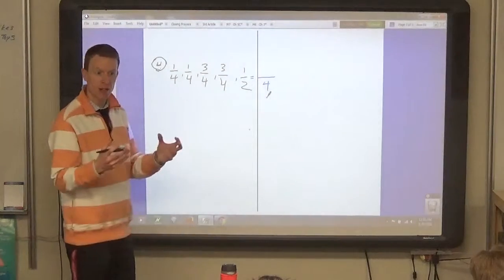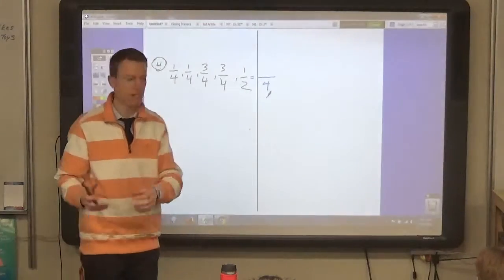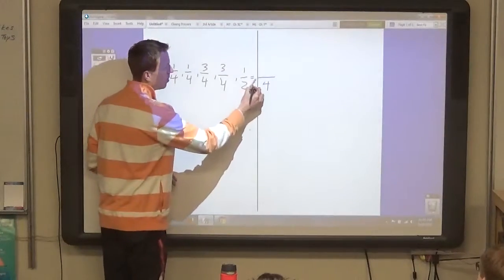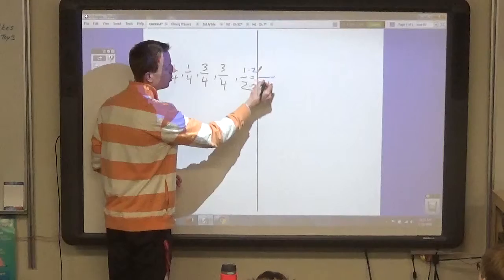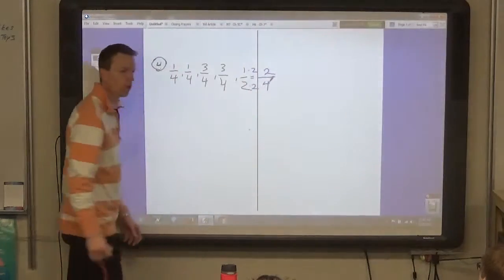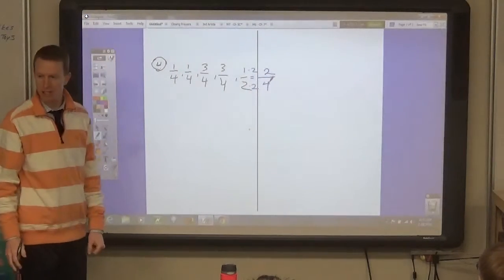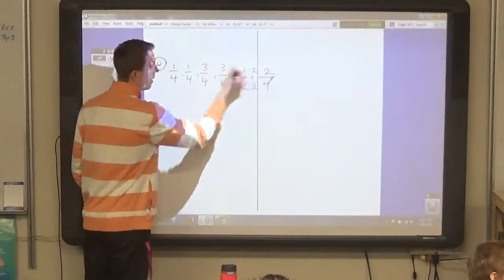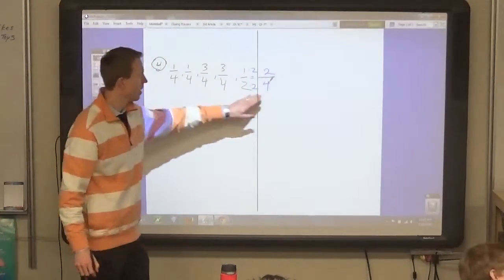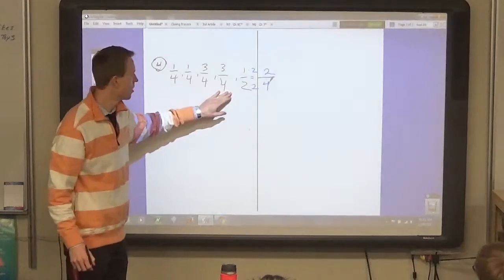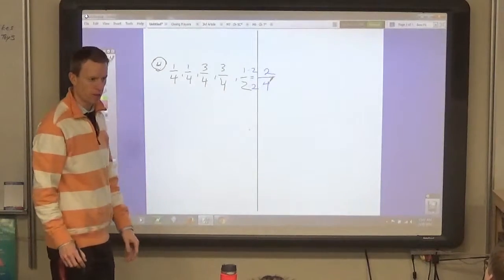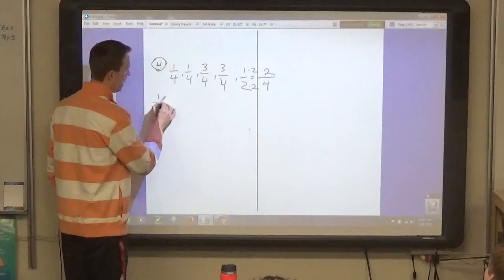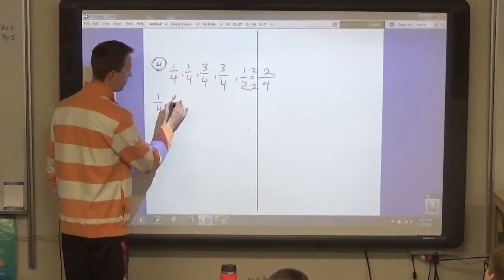Because then we can compare them, because they're all the same size. So we have to multiply by 2. 1/2 is 2/4, right? Does everybody see that? Yeah. So now that we have all of these in the same denominator, now we put them in order. So that's the first step that you have to do.